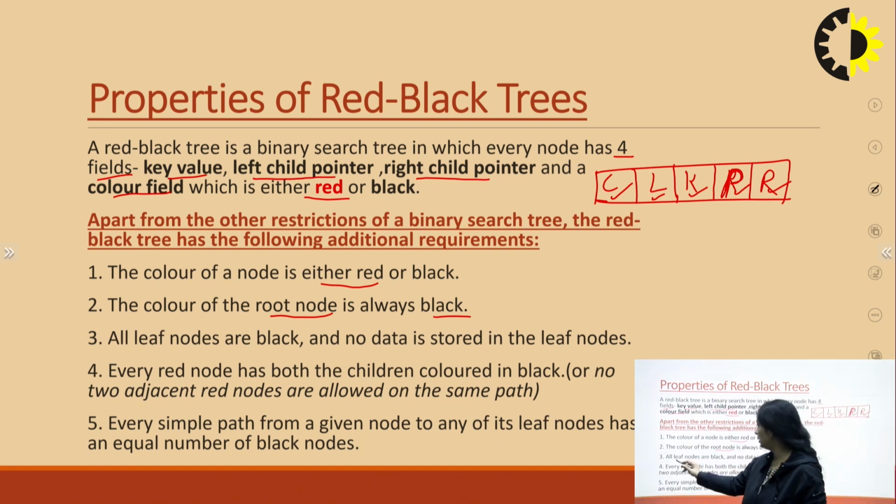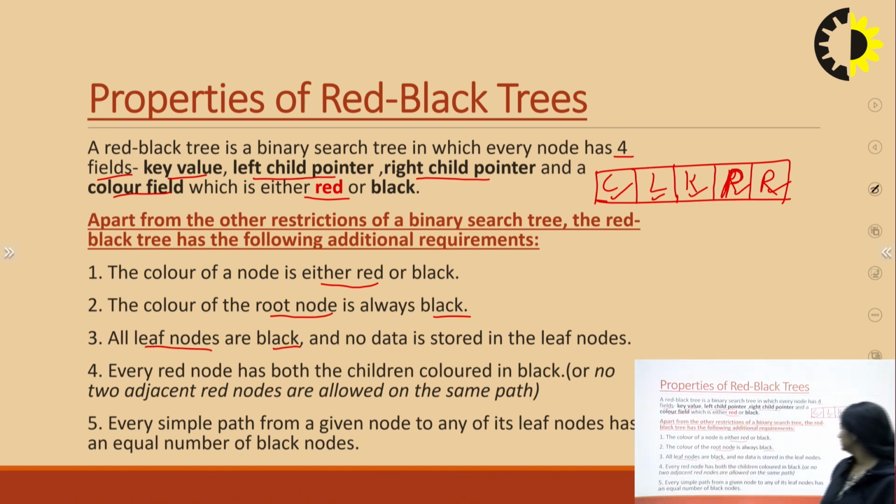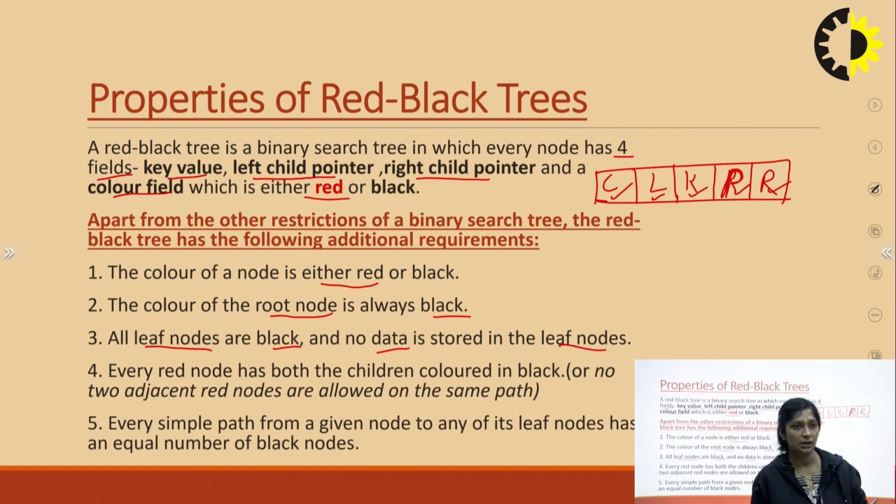Third, all leaf nodes are black and no data is stored in the leaf node. Fourth, every red node has 2 children. They both must be black color. Next is fifth, every simple path from a given node to any of its leaf nodes has an equal number of black nodes. I will show you these 5 properties in a diagram.